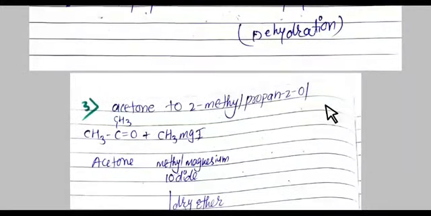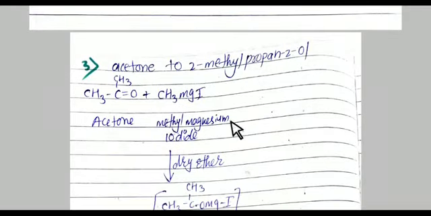Now the next is acetone to 2-methyl propan-2-ol. Acetone, meaning propanone, reacts with Grignard reagent, meaning CH3MgI, methyl magnesium iodide, in the presence of dry ether. It is a two-step reaction, and in the first step a complex is formed. The vacant valency of carbon is attached to CH3, and Mg and I, magnesium and halide, react with the oxygen atom.